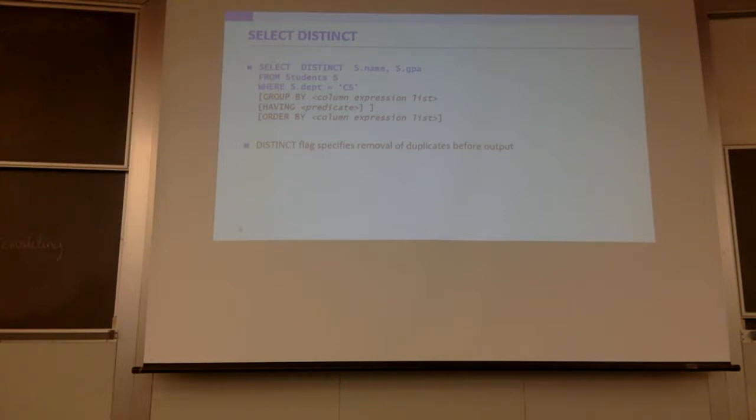So how do we actually do this? Now you have a bunch of name and GPA pairs, and you want to remove all the duplicates. You could do sorting. Once you sort everything based on name and GPA, then you can just do a linear scan to remove the duplicates. Or you could use a hash table.